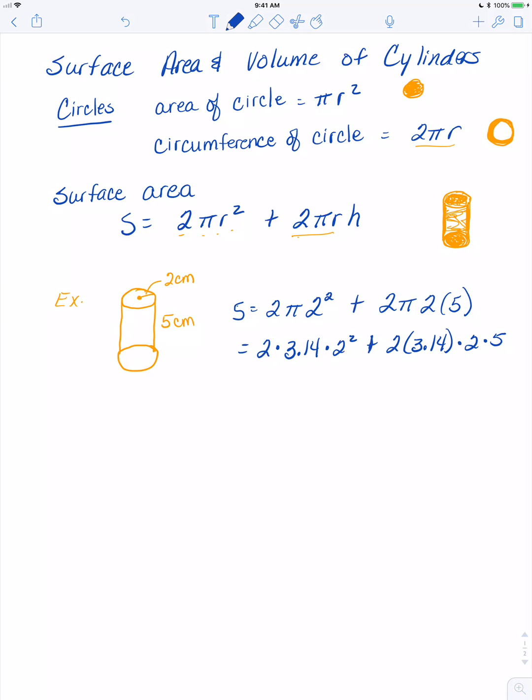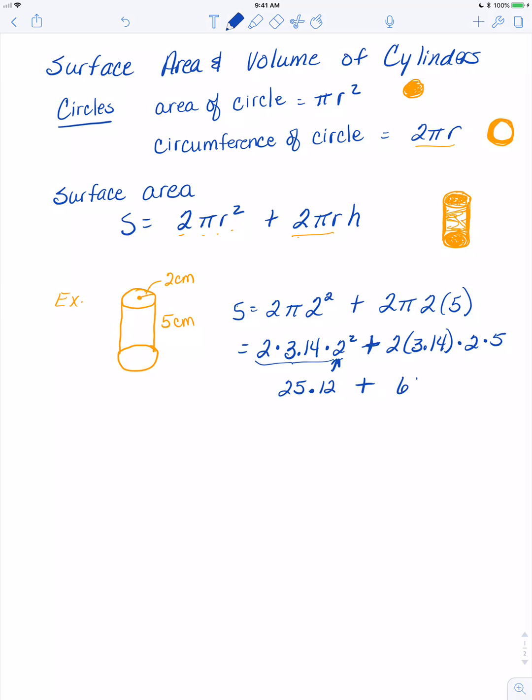Okay, so remember, order of operations. We've got to make sure we square this thing first. So 2 squared is 4, times the 3.14 times 2, that gives us 25.12, plus 2 times the 3.14 times 2 times 5.